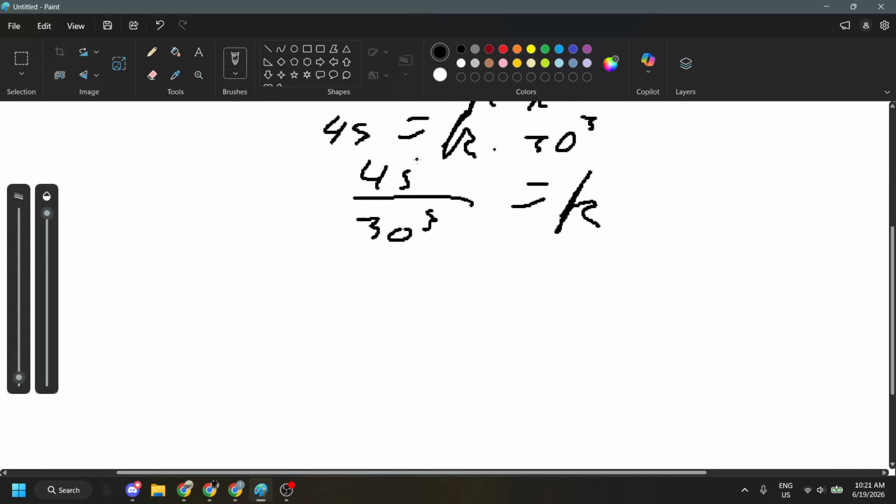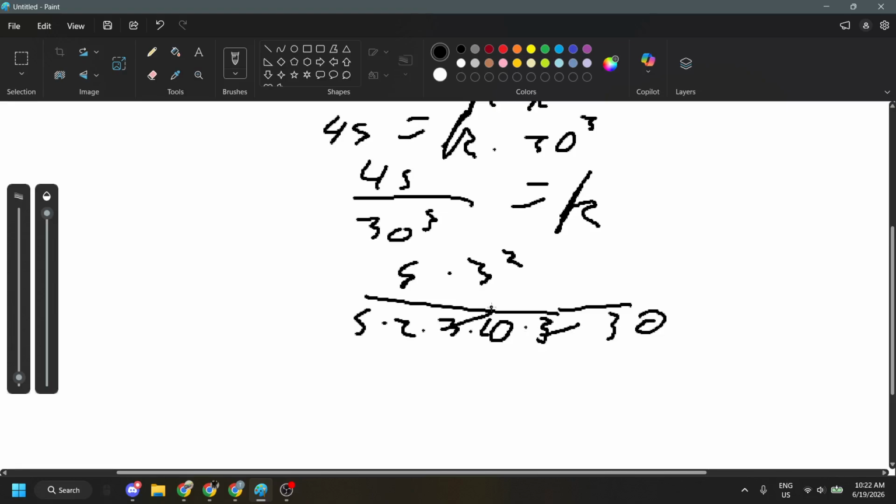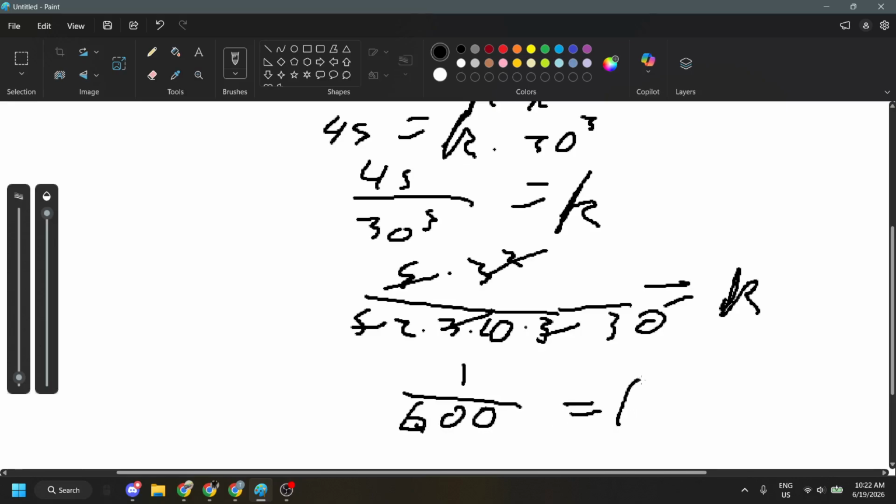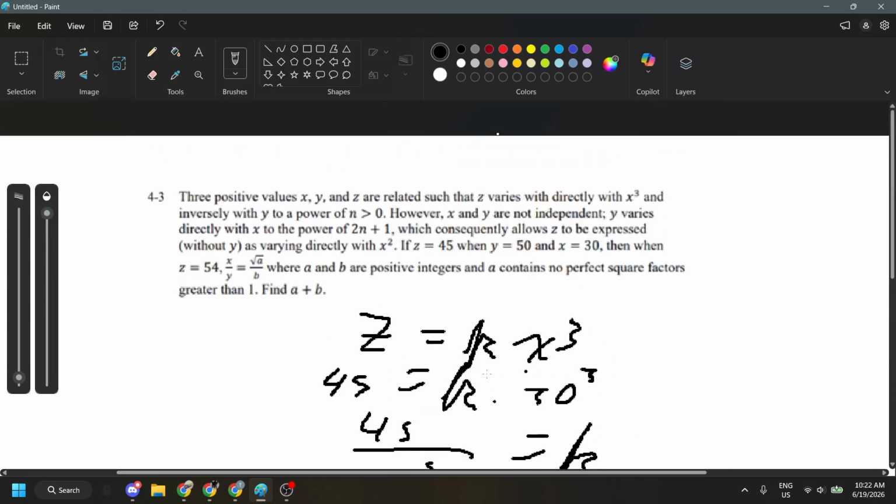Maybe let's take out some stuff. 45 is equal to 5 times 3 squared, so 5 times 3 squared over 2 times 3 times 10 times 3 times 30. Cancel these out, and now we have 2 times 10 times 30, so 1 over 600 is equal to k.